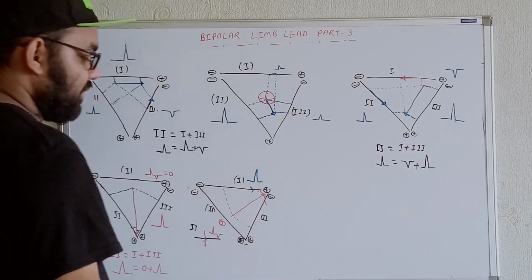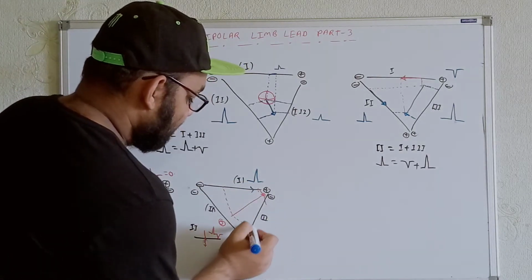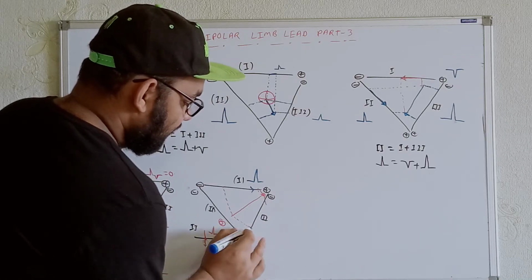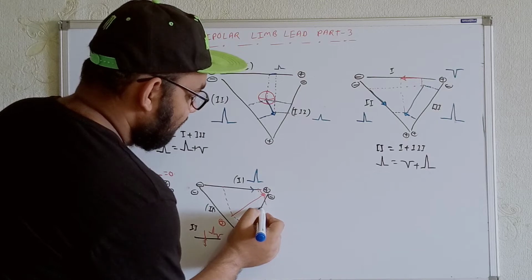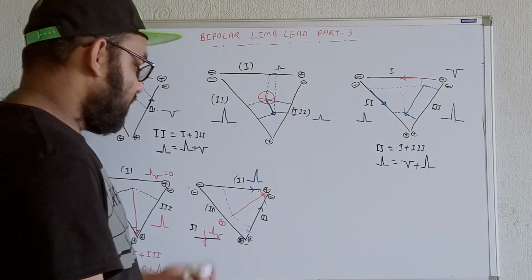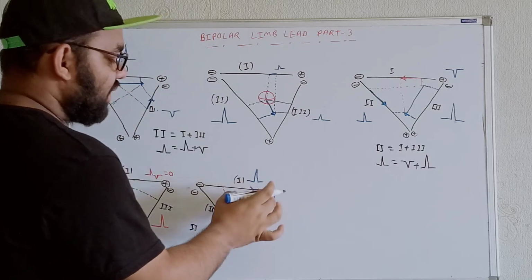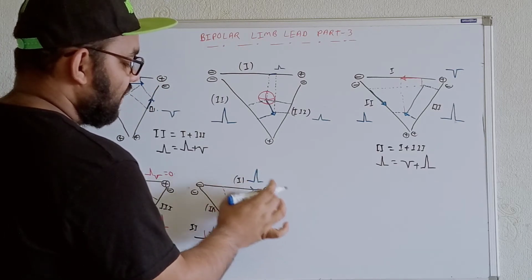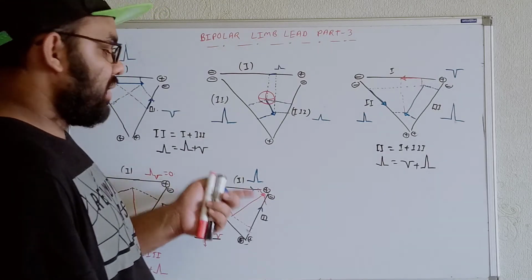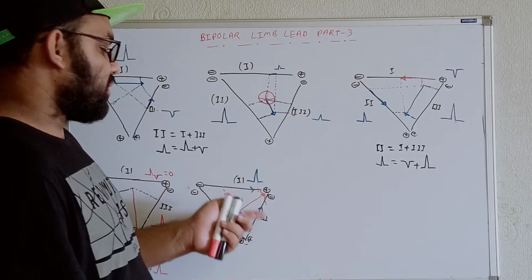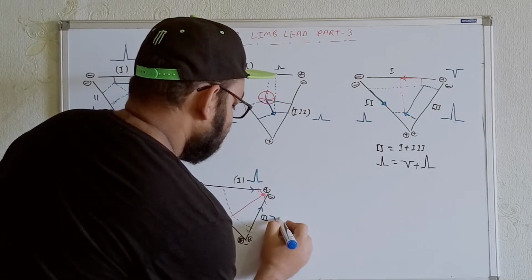But in case of lead number 3, the direction is supposed to be in these directions for positive, but here the vector is going in these directions, so the direction for lead number 3 will be changed. That means we will get the negative deflections over here. Because we are getting the same portion for lead number 1 and lead number 3, whatever positive deflection we get for lead number 1, the same amount of negative deflection we will get for lead number 3. So we will get this one.